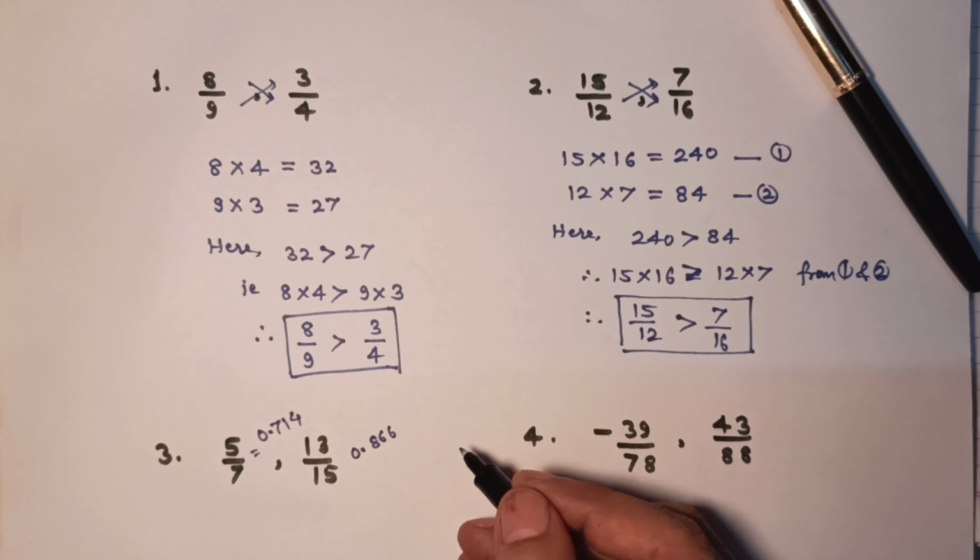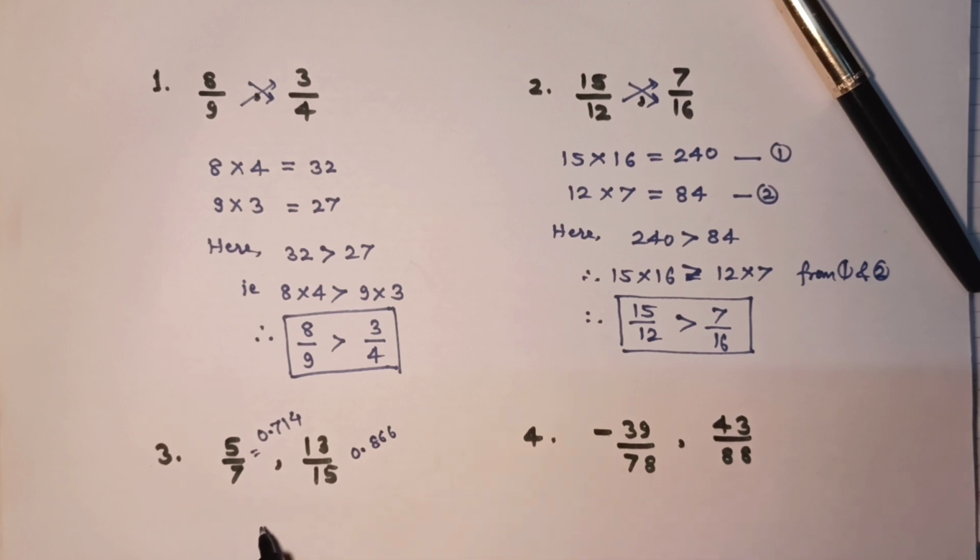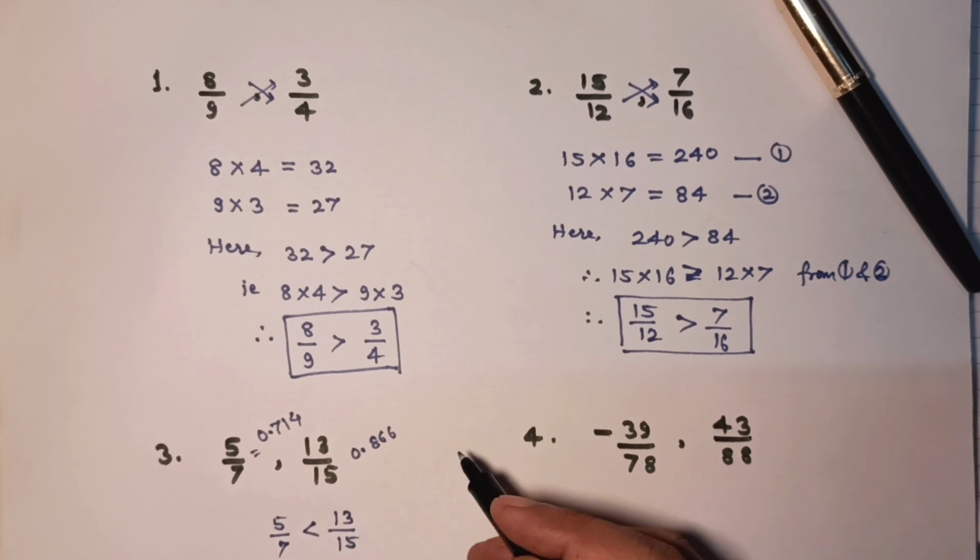This way also you can compare, and you can say this 5 upon 7 is smaller than 13 upon 15.